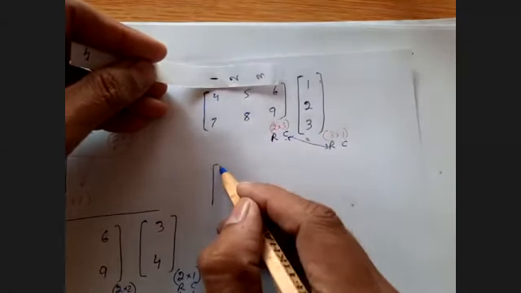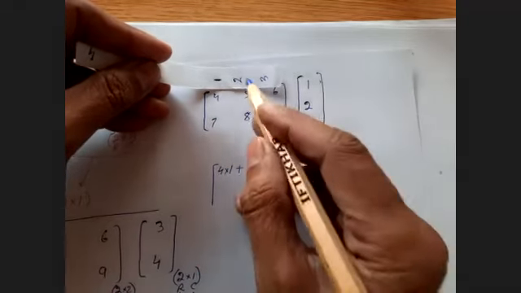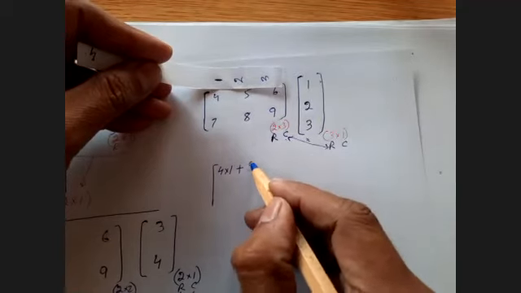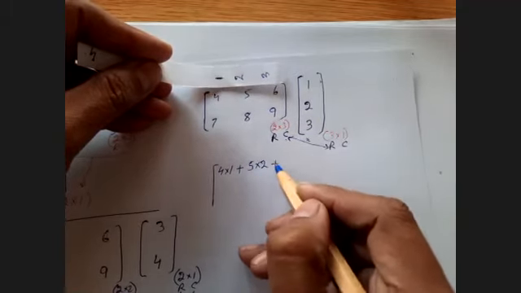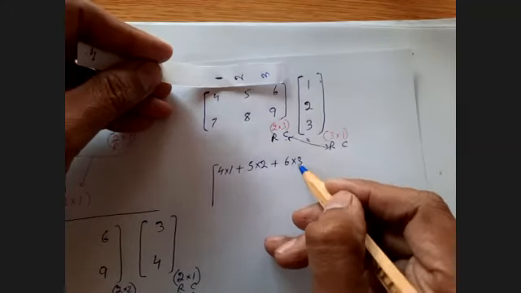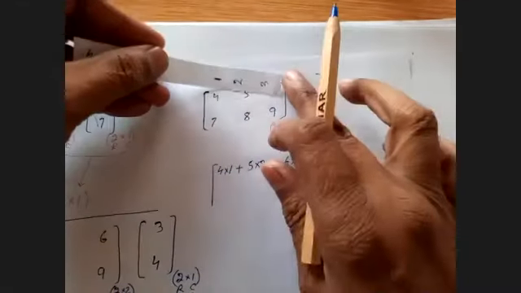So 4 into 1 plus 2 into 5 plus 6 into 3. Here you can see that this was vertical and I kept this horizontal.